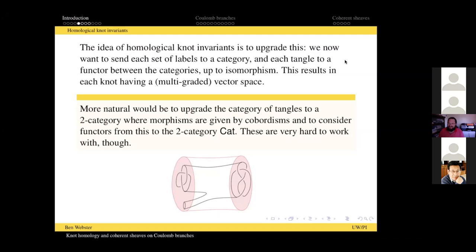At the moment, that's sort of beyond our technology. I don't know how to do that. Maybe someday we will figure it out, but it's beyond my powers and the powers of anyone I know of at the moment. So we just have to be kind of satisfied with, I have my sequence of points, that gets sent to a category. I have my tangle, that gets sent to a functor between the corresponding categories.